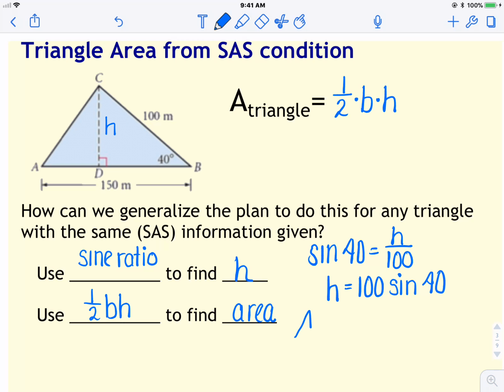Then area for our triangle can be calculated, but again, I don't want to round anything off, with its other side length that we hadn't used yet serving as its base, and then 100 sine of 40 serving as its height. If you notice in our example, each of the side lengths got used, and then the sine of the angle in between those two got used as well in order to calculate the area.